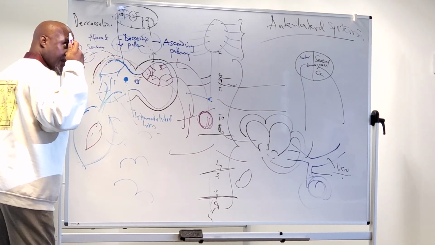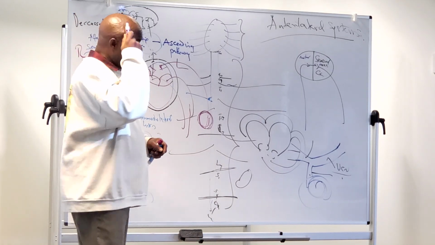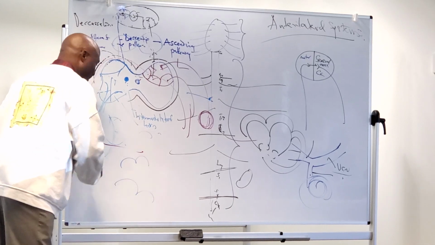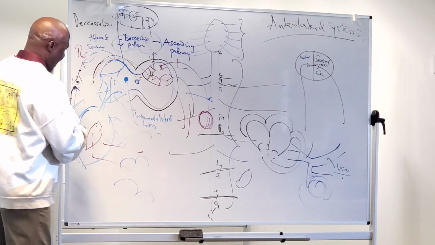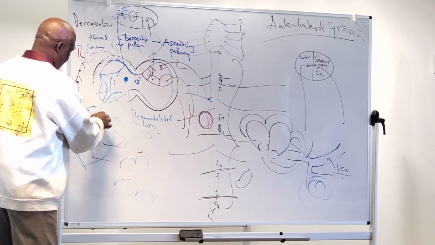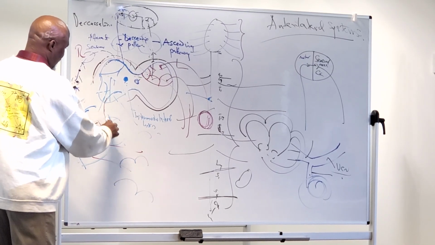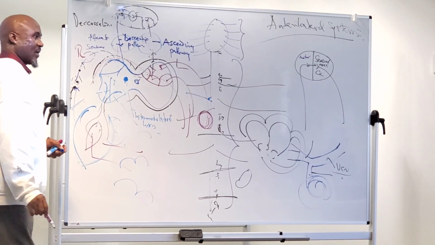Remember? So you have the extrafusal fiber and you have the intrafusal fiber. The alpha goes to the extrafusal fiber, the gamma goes to the intrafusal fiber.